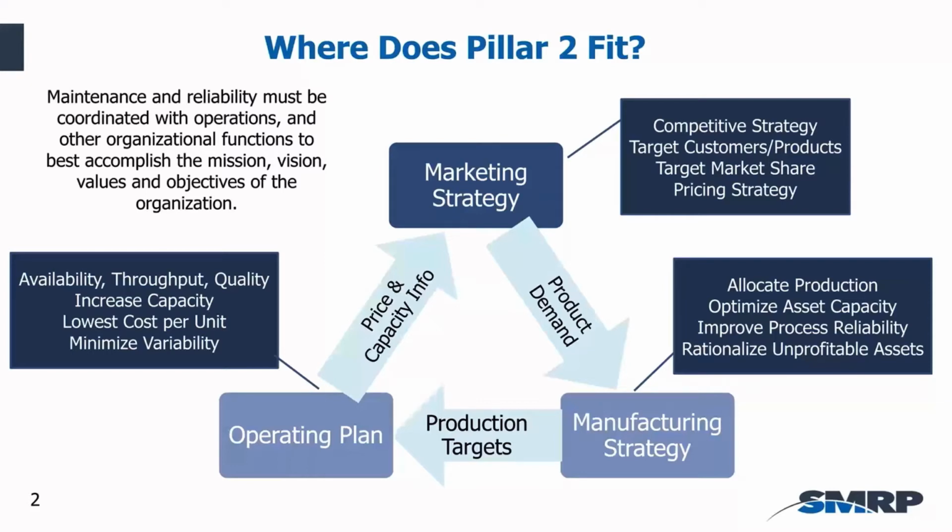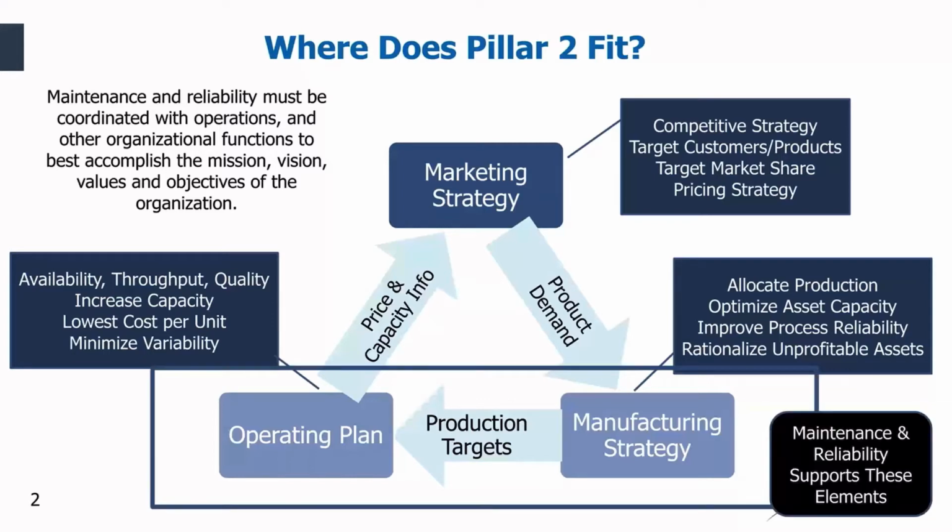When we satisfy the customer and do well, then our price and capacity info feeds the marketing strategy and the cycle continues. So when we're in Pillar 2, we are in these bottom two, the manufacturing strategy and the operating plan. This is where pretty much all of maintenance and reliability directly supports these two activities.